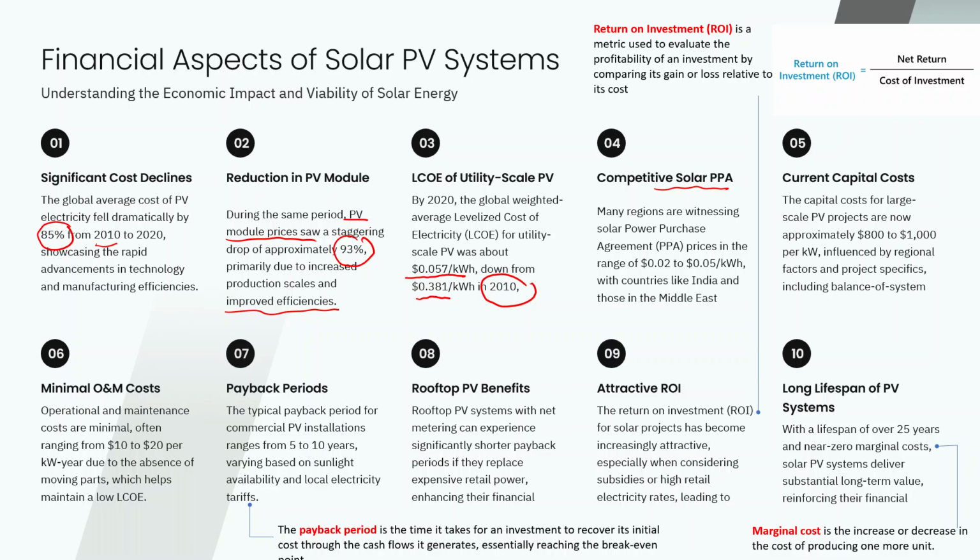Okay, so this was very famous in Germany, right. They set up a very attractive price for buying solar energy when they started initiating solar PV systems in Germany. And then more and more people started producing solar energy, and there was large scale solar as well as distributed solar.